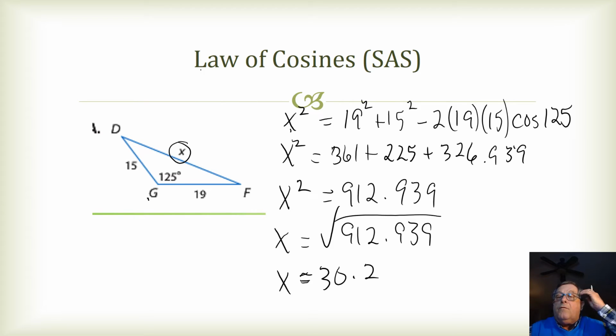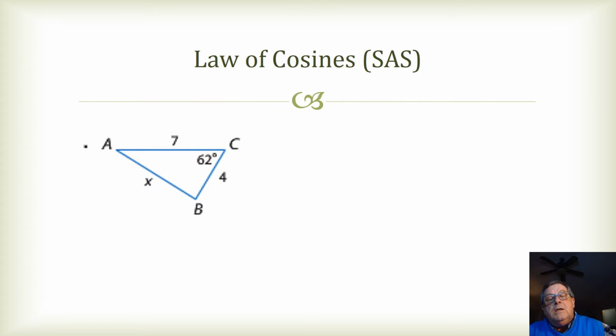That's using the law of cosines when we know side, angle, side. Let's look at one more. I don't think this one's got nearly as big numbers. So again, I've got side, angle, side that we know, and we're trying to find the side measure of the side opposite angle C, which we're told is 62 degrees.